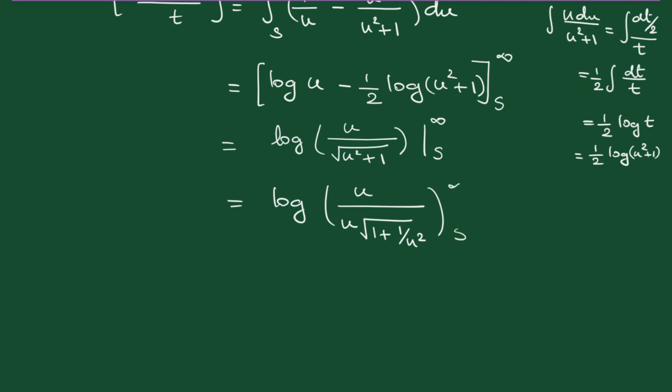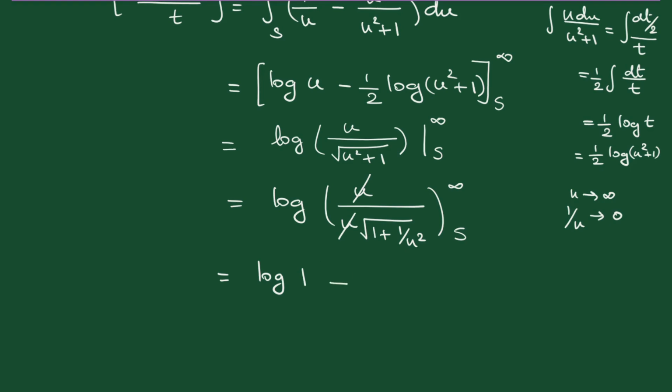Now you apply the limit s to infinity. So this u and this u get cancelled. So once u tends to infinity, 1 by u tends to 0. So that here for the upper limit, it becomes 1 here because 1 by u square becomes 0. So 1 by 1 is 1.